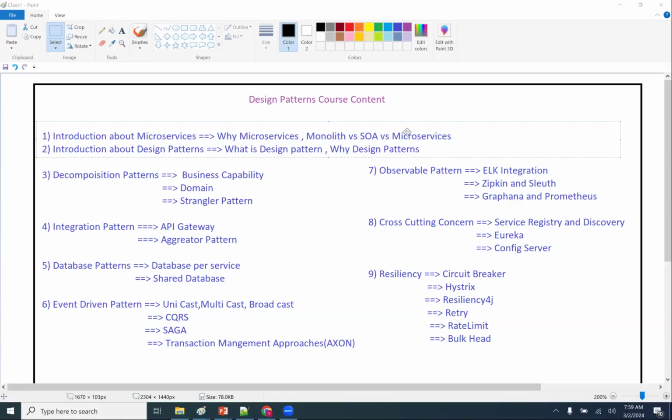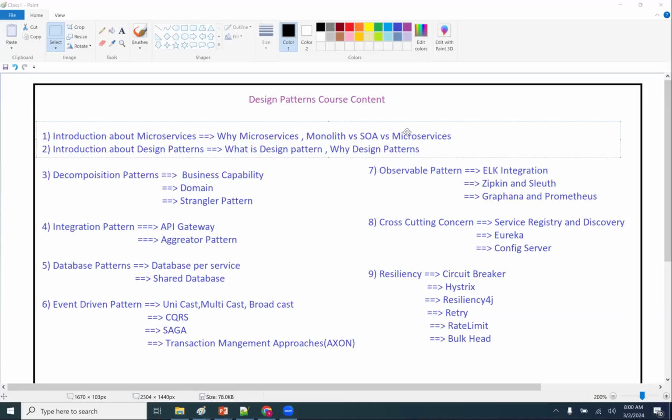And the purpose of this batch is this: Ashok IT got a lot of inquiries saying, sir, start a separate batch only on the depth of design patterns. Our Spring Boot batch is almost two to two and a half months. That's the timeline.